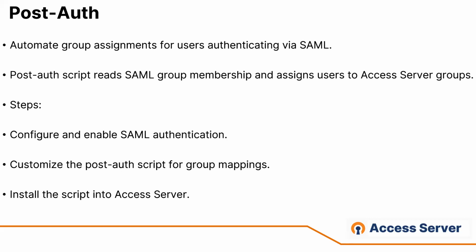This automation streamlines the user management process significantly. Now, how it works: first, you set up SAML authentication, as I showed you a second ago, and then you customize your post-auth script to map your SAML groups to Access Server groups. Once installed, the script does the heavy lifting, ensuring users are placed in the right groups. And again, you're going to see that in a second.